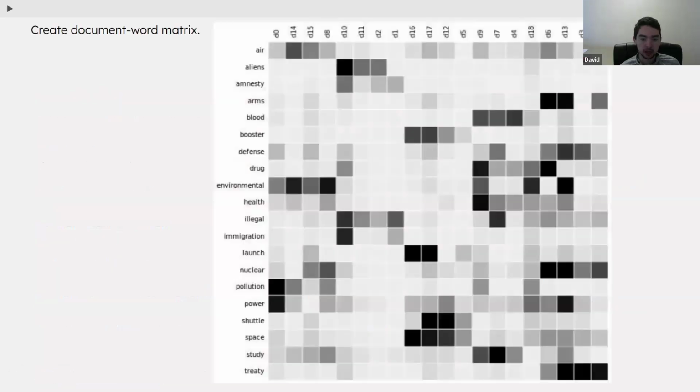This is from a different example, but the idea is we can create a matrix. On the top, we can see the different documents, and on the vertical axis, we can see different words. Now you're starting to see how we can borrow some methods from linear algebra to think about this.